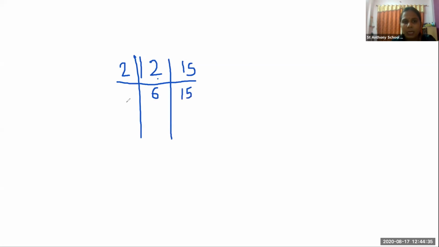Okay. Now, again here 6 is there. So again I will divide this 6 by 2. 2 3s are 6. But 15 cannot be divided by 2 again. Okay. Now, 15 remains as it is. Here 3 is there on this side and 15 is there on this side.